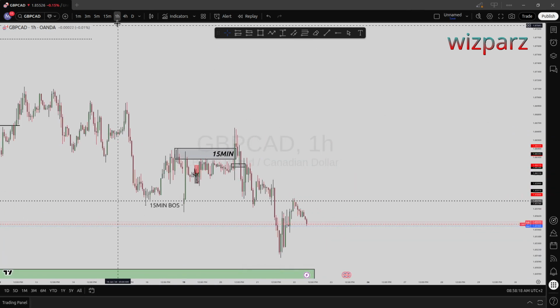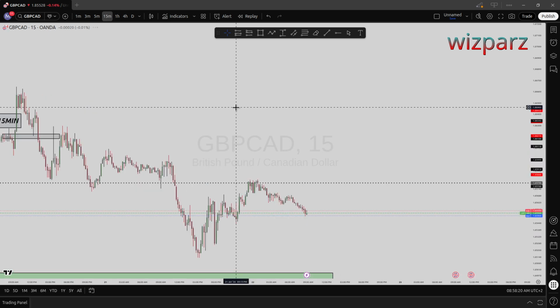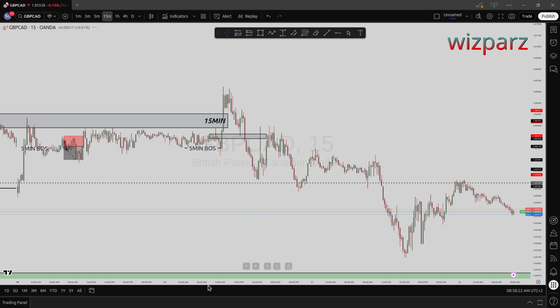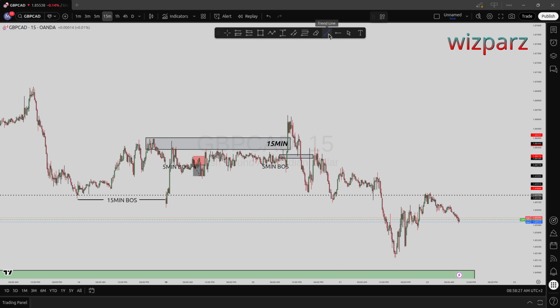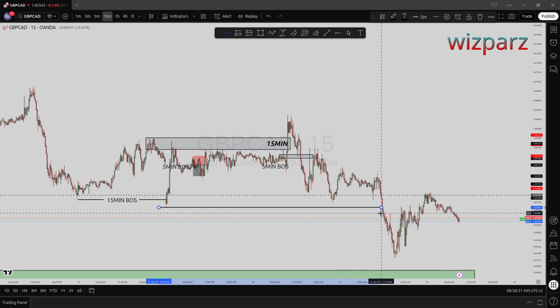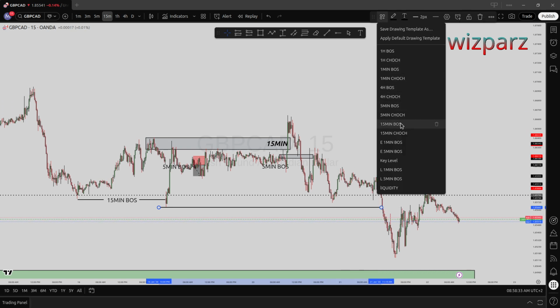While approaching this supply area, we can see that we are in 15-minute downtrend. So we have to trade 15-minute downtrend so that the price continues to push into this 4-hour demand area.